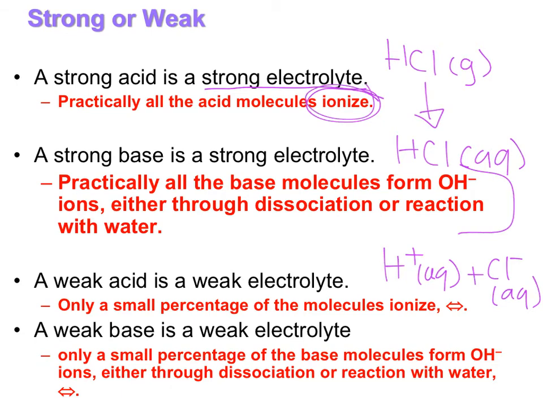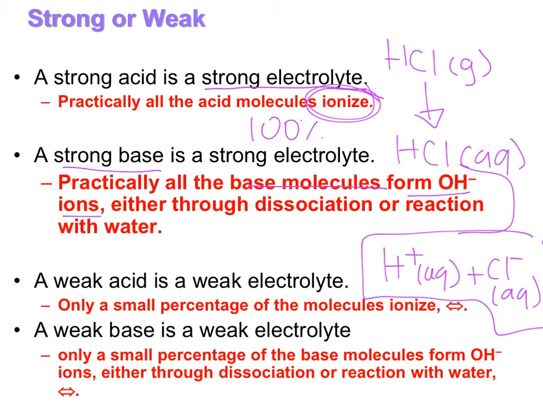Strong acids ionize 100%. So they completely turn into their ion versions. The same thing happens with a strong base. All of the base molecules will dissociate into OH minus.